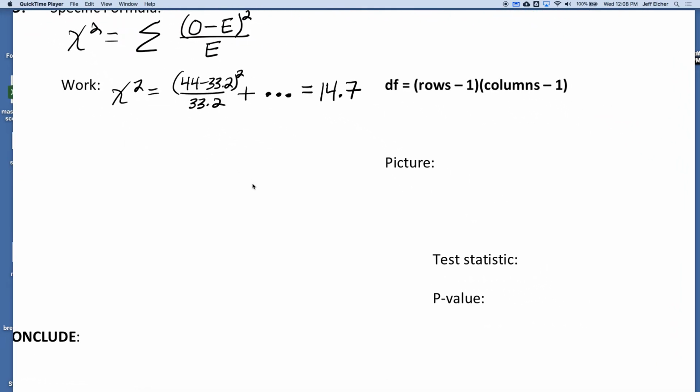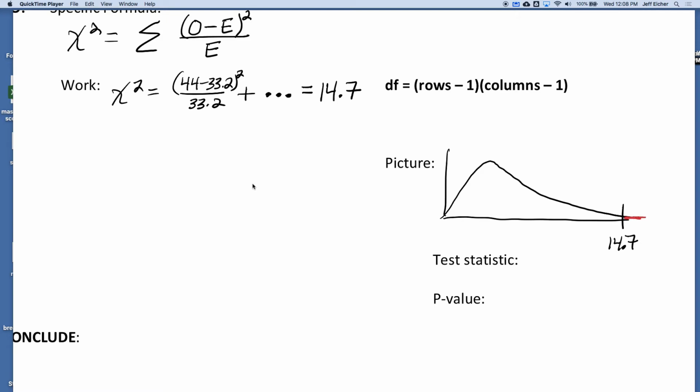So the picture that we just had, our test statistic, our distribution is right skewed. Our test statistic is way out here, 14.7. And I know it's way out there because our p-value is really small. Our p-value we found was, excuse me, 0.005. And our test statistic was 14.7.